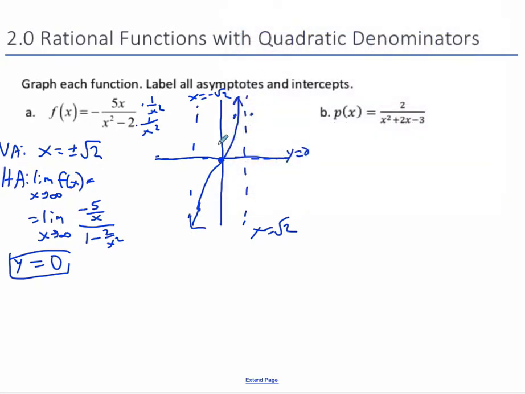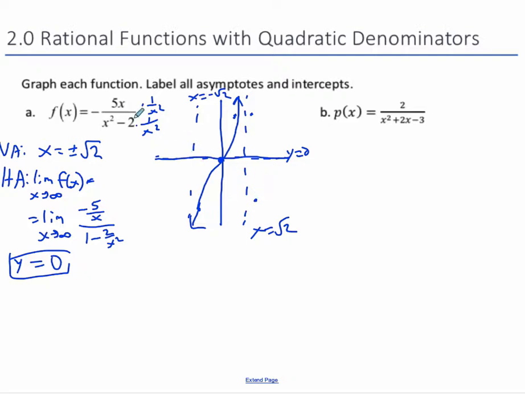So it's going to look something like this. On the other side of root 2, we'll plug in some positive numbers, I guess number 2 maybe. So we plug in positive 2. We're going to get negative 10 divided by positive 2. We're going to get negative 5.